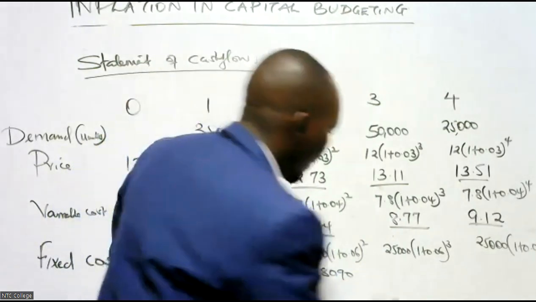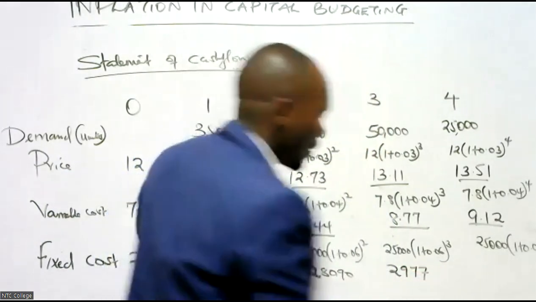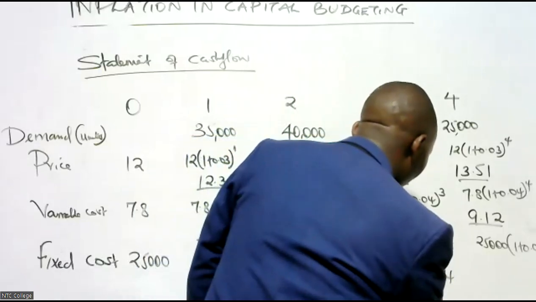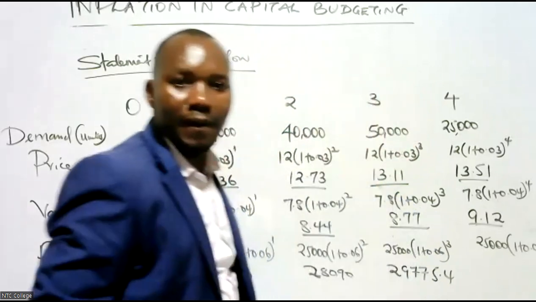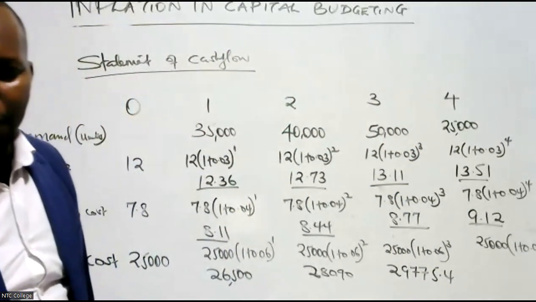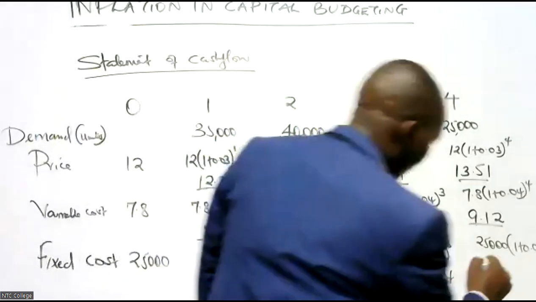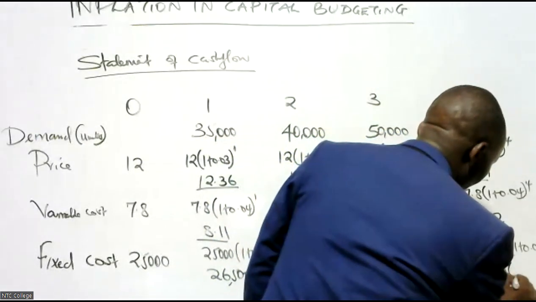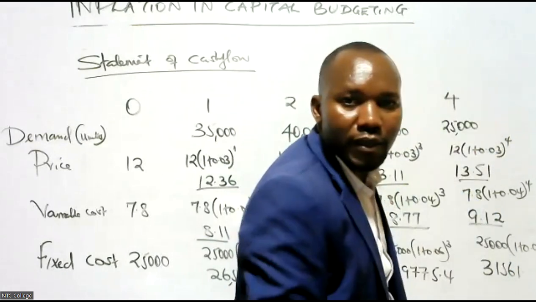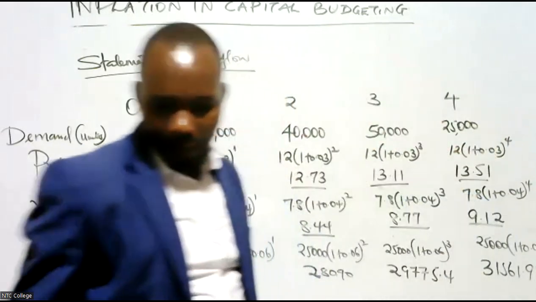Then we have 29.77, 5.4. Confirm that the figures are okay. We have 31,561, point 92.